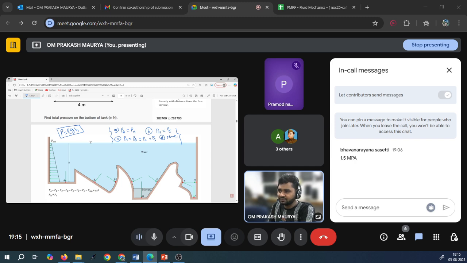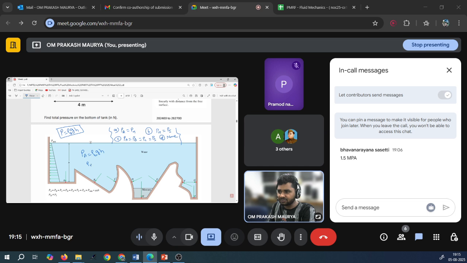Here rho means the density of the liquid, because we are considering the liquid or fluid, and h is the height. At A, that is P_A, your pressure is rho of water times g times H, the height being H.